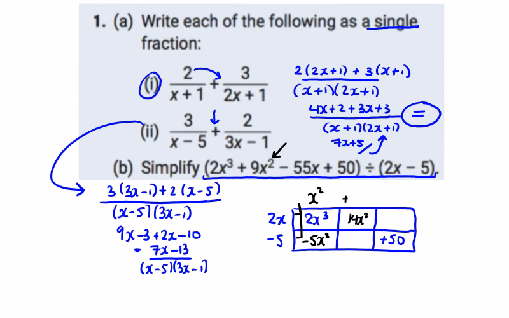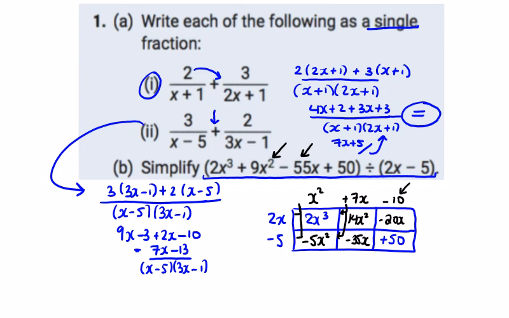And 2x by 7x is 14x squared. Going down and across that way. 7x by minus 5, the answer goes in here, minus 35x. And we want minus 55x in total, so we need another minus 20x. And 2x by minus 10 is minus 20x.